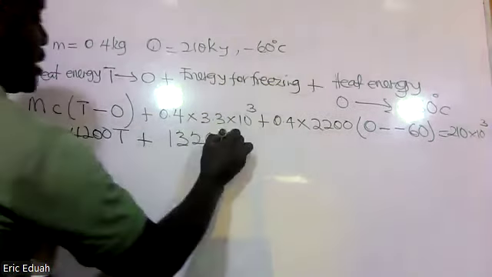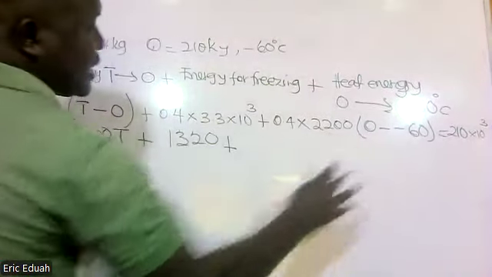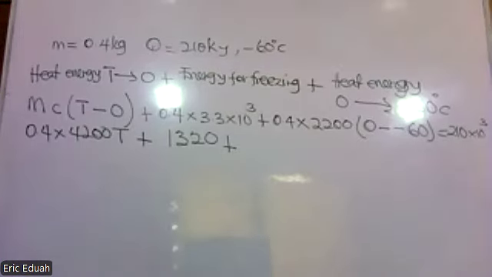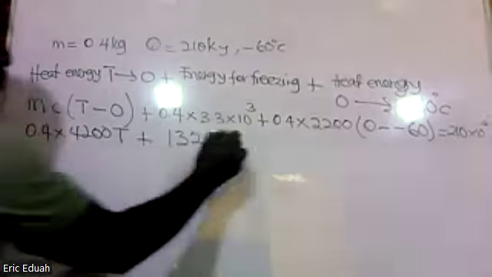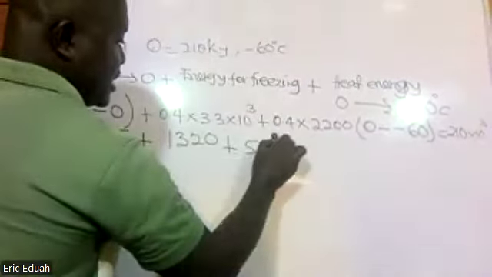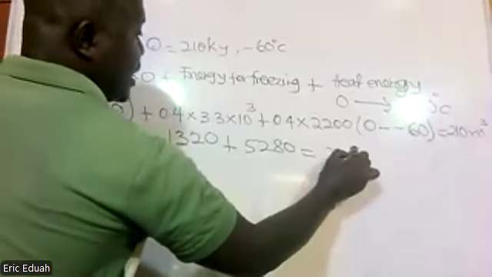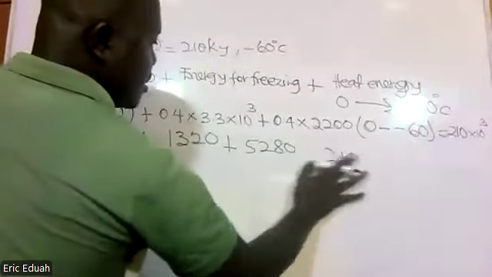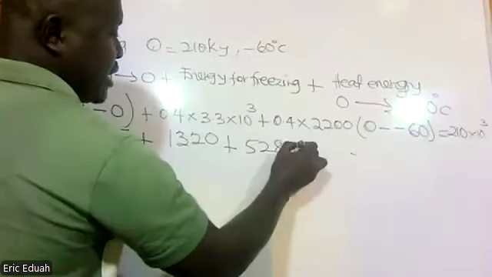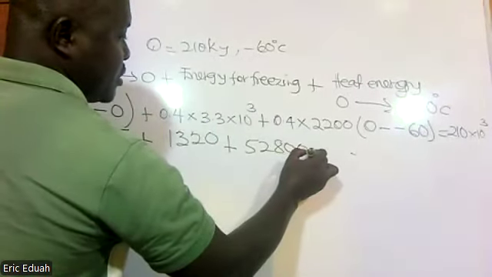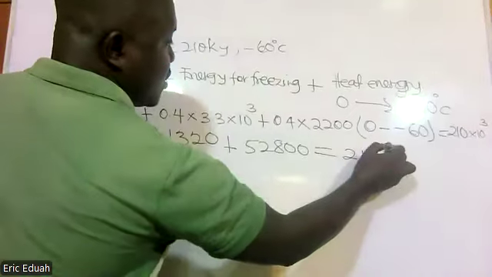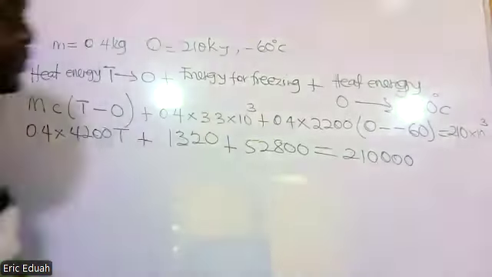Okay, plus this side: 60 times 0.4 times 220, 5280. 5280 is equal to 52800. Okay. This is equal to 210 and 4083.